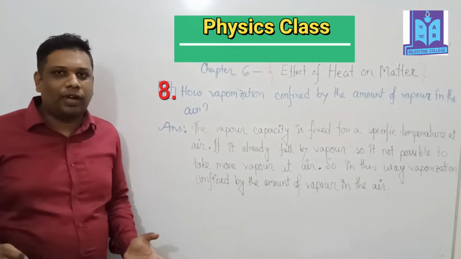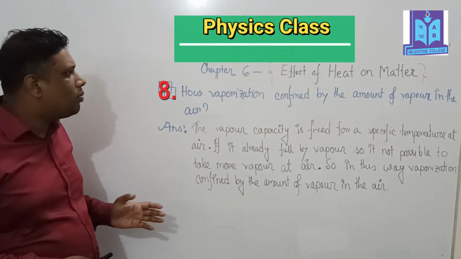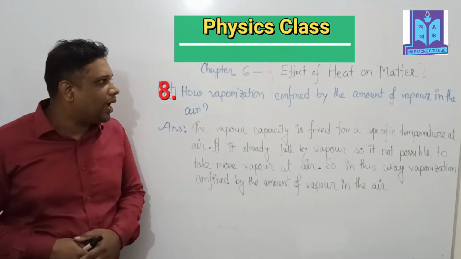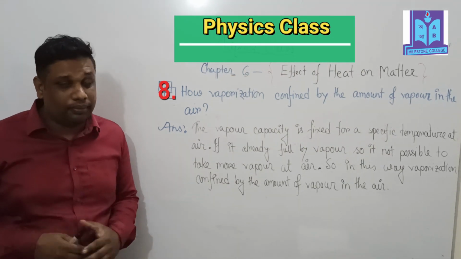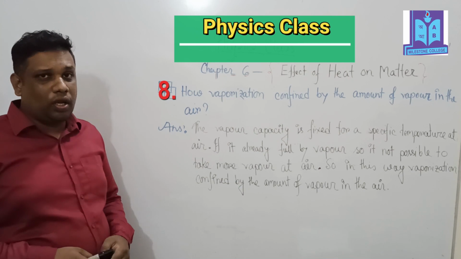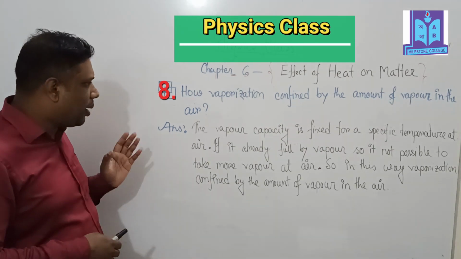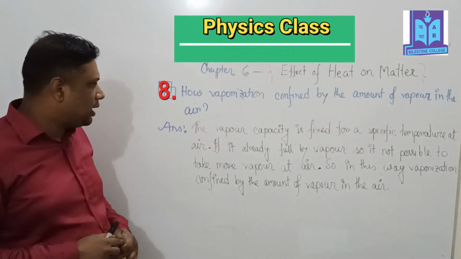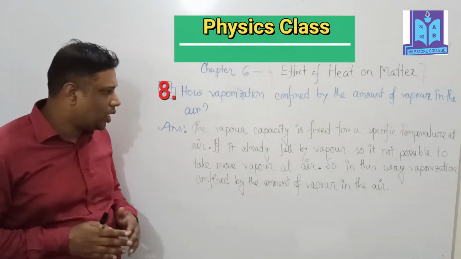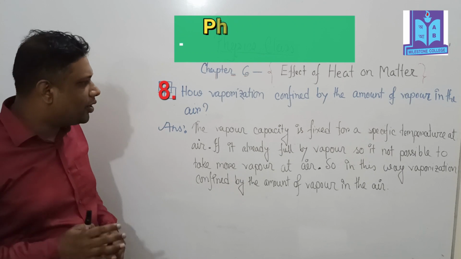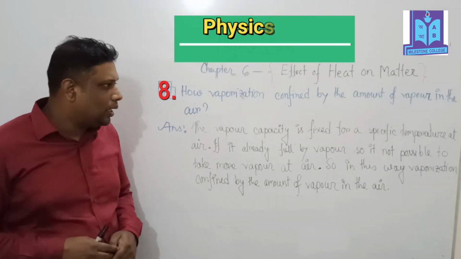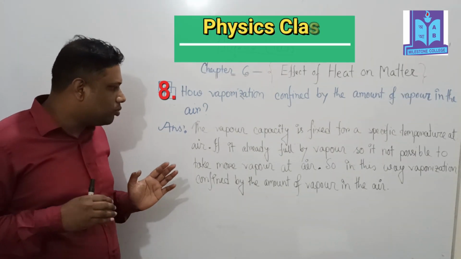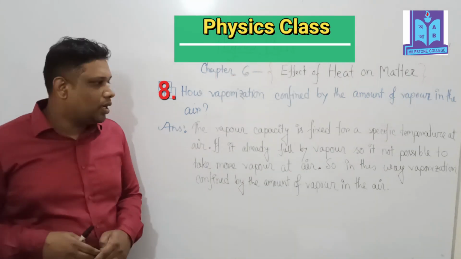So my dear students, our next question is: how is vaporization confined by the amount of vapor in the air? For that, the vapor capacity is fixed for a specific temperature in air. If it is already filled with vapor, it is not possible to take more vapor in the air.